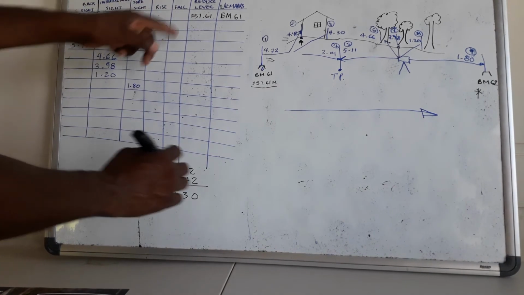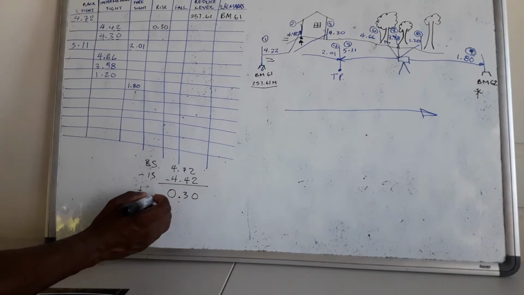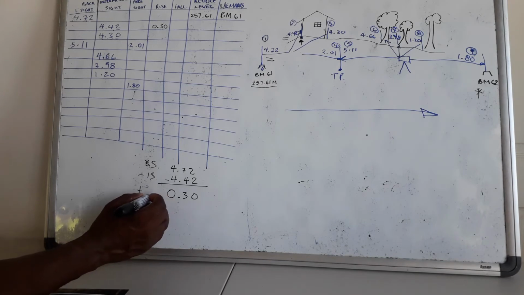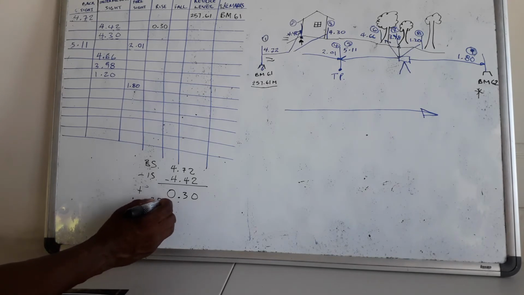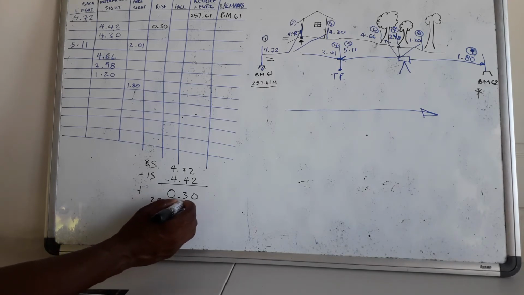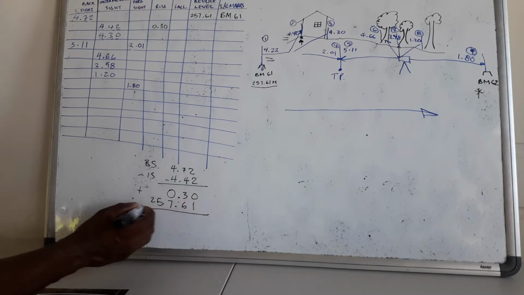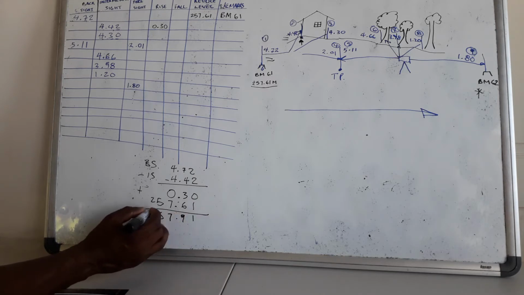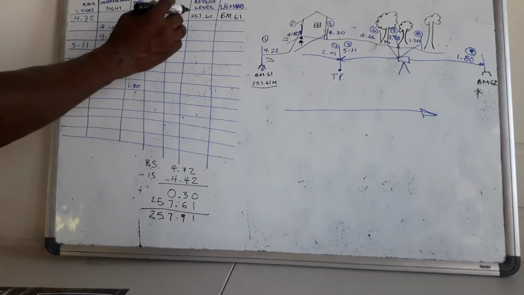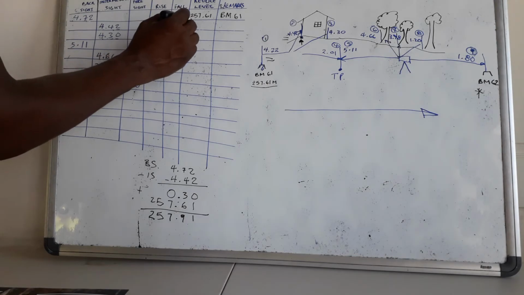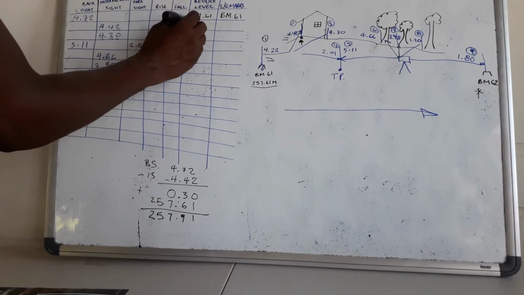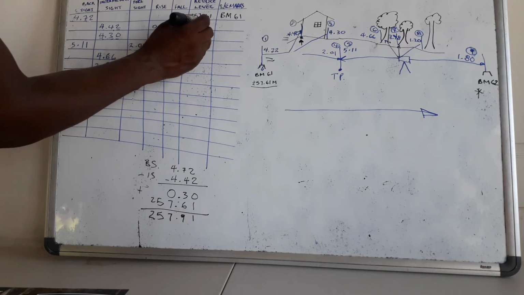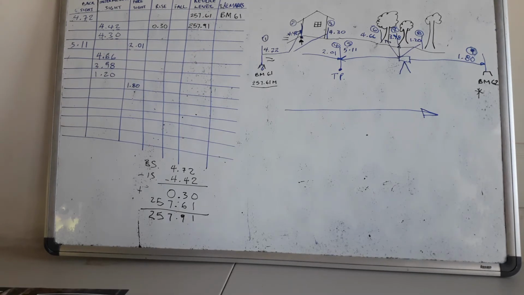So we place 257.61 here, and we add them. Our reduced level at this first point would have been 257.91 meters.